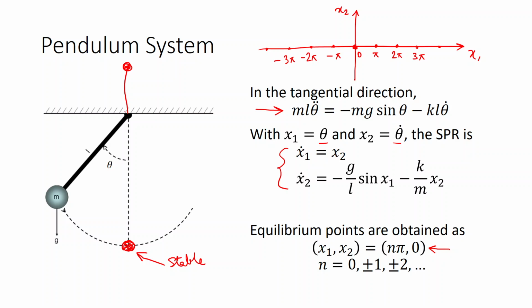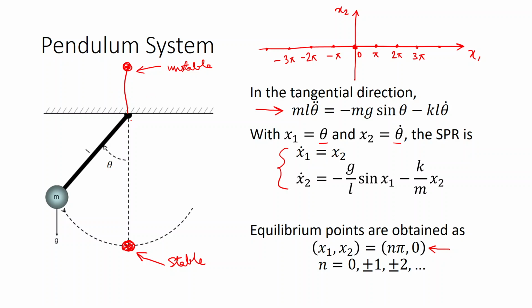If you go in a positive direction, you reach this position where the angle would be pi, and this is also an equilibrium. However, this equilibrium is unstable, because we know that the system by itself cannot stay at this position. Very minute perturbations on the system will make it go away from this equilibrium point. So this is an unstable equilibrium point basically.